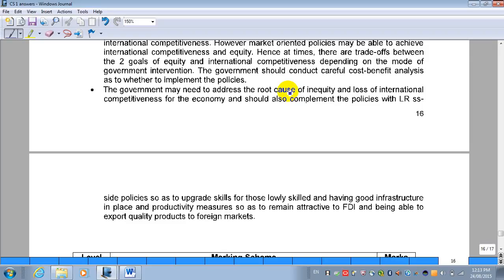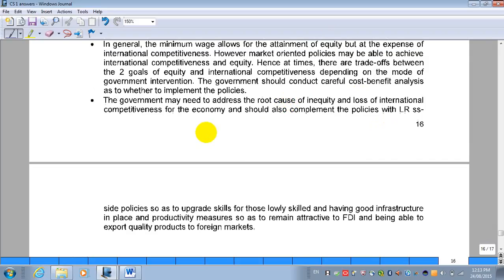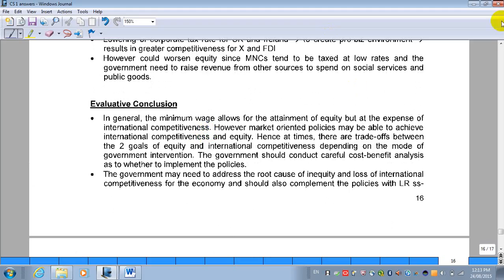Then given that the root cause is import price push inflation, we would need to use contractionary monetary policy in the form of gradual and modest appreciation of exchange rates, right? So consider the root cause when you talk about policy questions. I think that's a very good kind of overall evaluation to make.